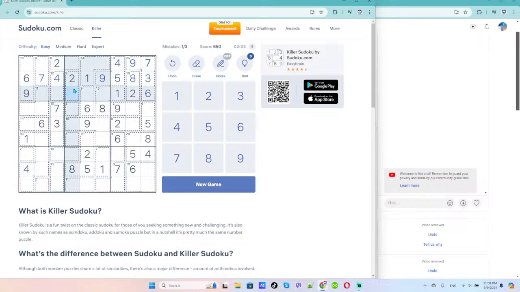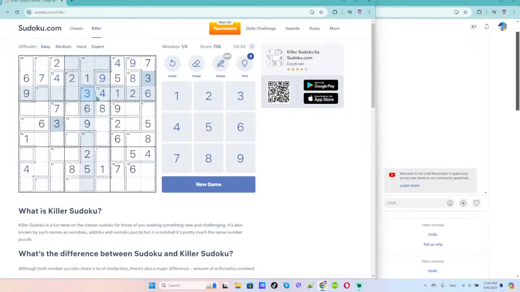And now we have three potential squares for number 4. Of course, we cannot place a 4 here because it does not add up to number 9. But we can put 4 in this cell. They add up to 13. Nice.